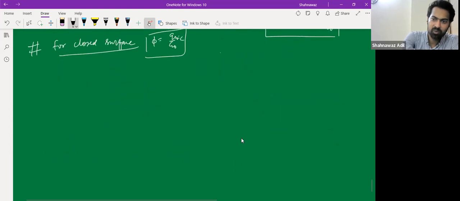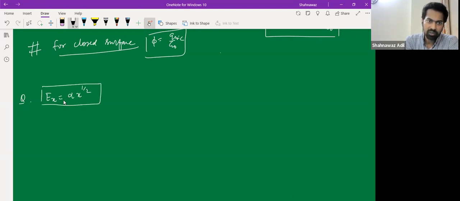So we have one more question. We have an electric field which is only in the x direction, alpha x to the power 1, in the positive x direction. We need to calculate the flux through this cube.